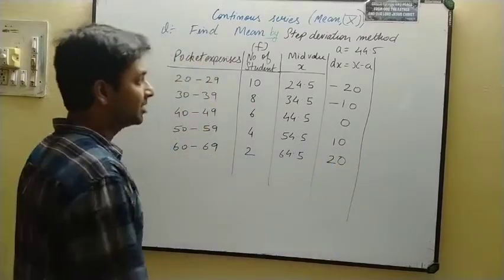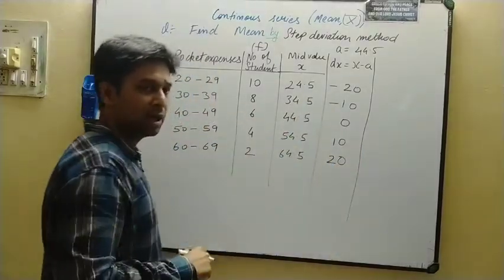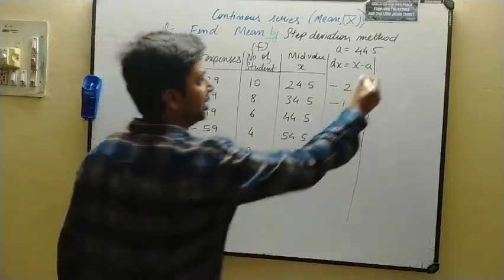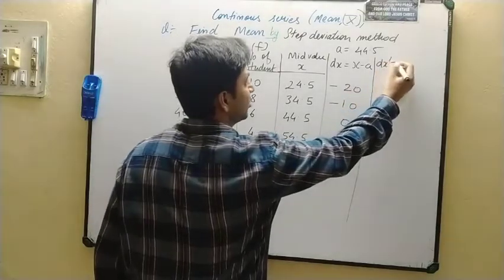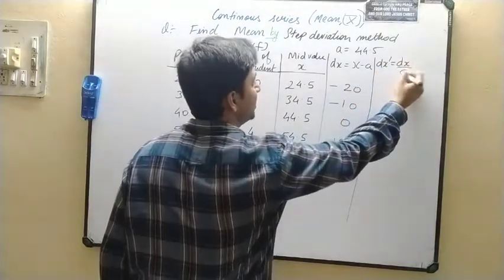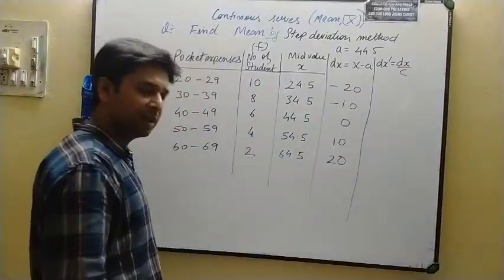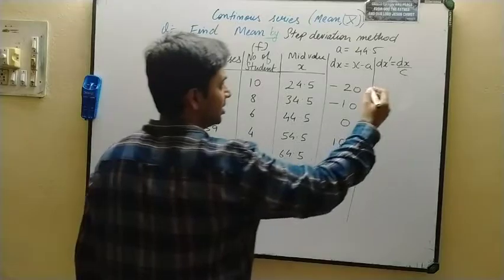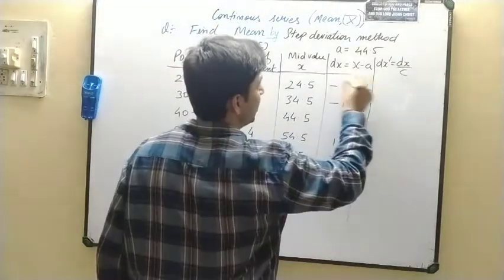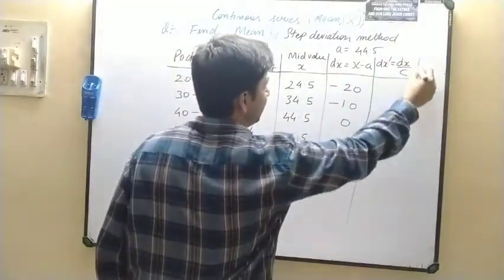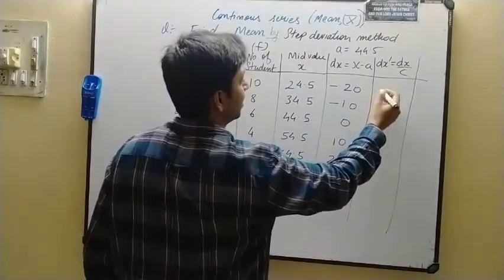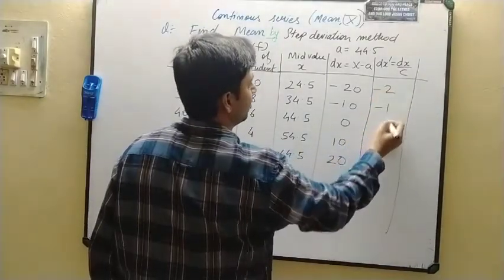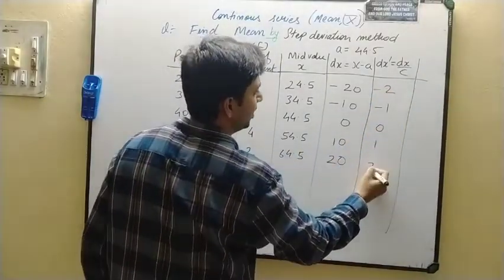Now the next step will be just like we did earlier, like in the previous method. What do we have to calculate now? dx dash. So we will be doing dx by c. We will divide these values by the common factor. You can see which common factor it is. It is 10, just like in any other numerical. So here we will be dividing it by 10. So it will be minus 2, minus 1, 0, 1 and 2.